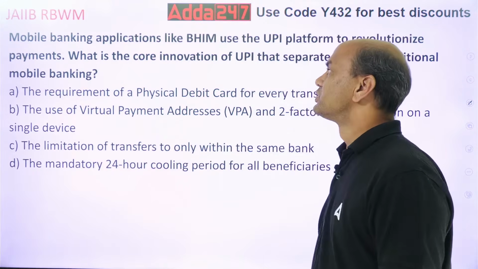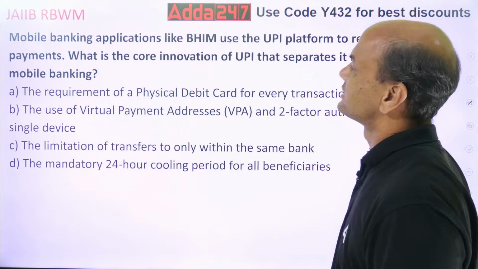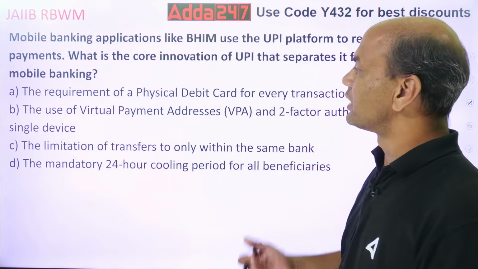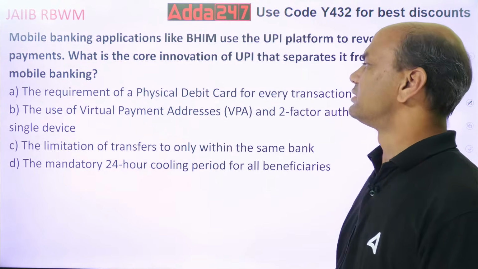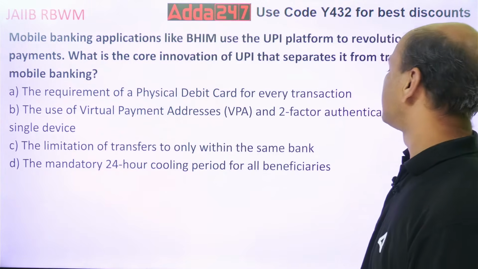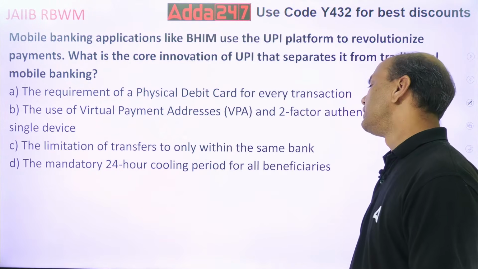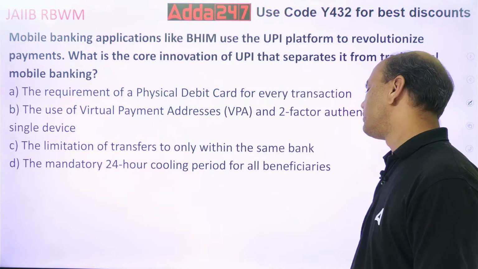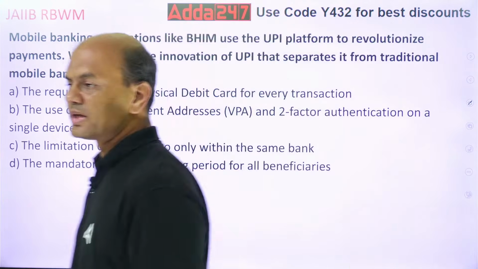So mobile banking applications like BHIM use the UPI platform to revolutionize payments. What is the core innovation of UPI? Requirement of physical debit card for every transaction. Use of virtual payment address and two-factor authentication on a single device. The limitation of transfer to only within the same bank. The mandatory 24-hour cooling period for all beneficiaries. So, what is the answer?